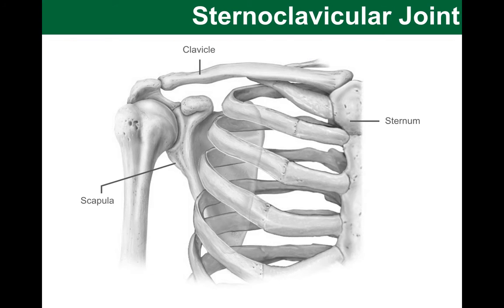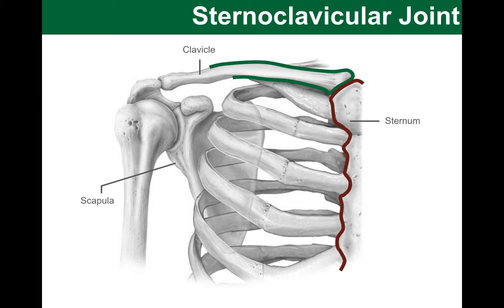I also want to point out another joint here, and this is called sternoclavicular, as it brings the proximal end of the clavicle together with the manubrium of the sternum. Please note that the scapula is not directly attached to the ribs, but held in place by the muscles, and this clavicle, which is the only bony junction that attaches it to the axial skeleton.